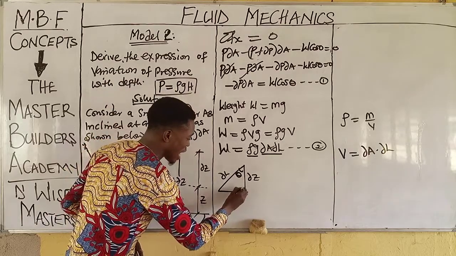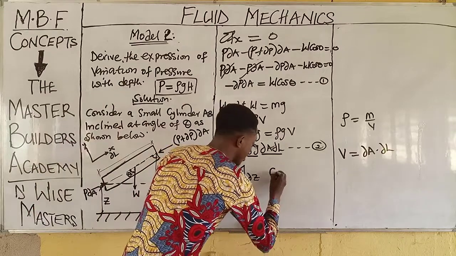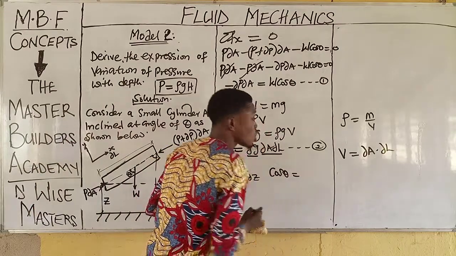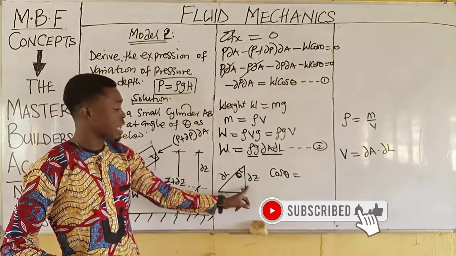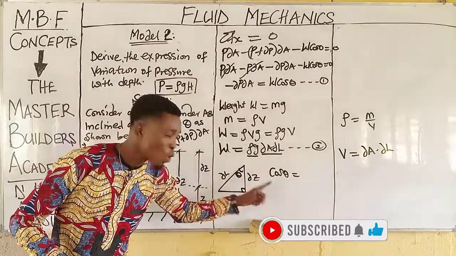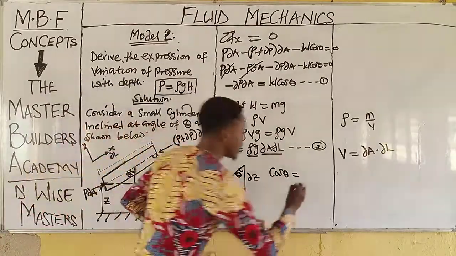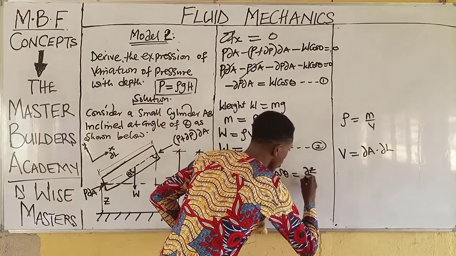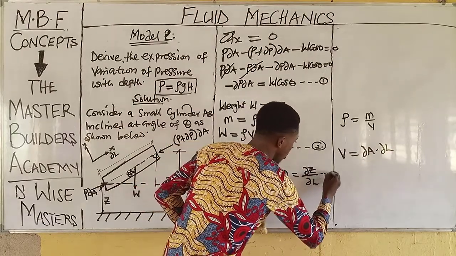How do I find cos theta from here? We have that cos theta is equal to adjacent over hypotenuse. This is the opposite, the line facing the given angle. This is the adjacent, and this is the hypotenuse. So we have change in Z all over change in L. We can call this equation 3.